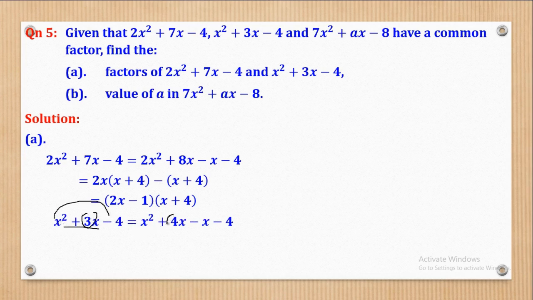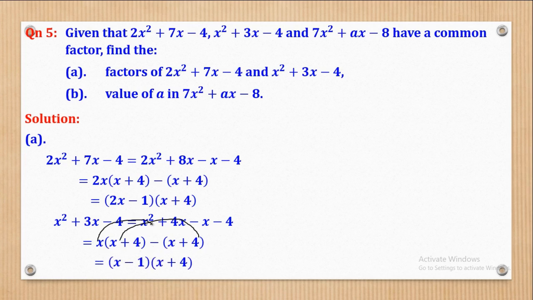That is positive 4 and negative 1. That is why where there is 3x, we have put there 4x minus x. Then grouping, this one alone factorizing gives you this, and this one alone factorizing gives you that. Now this and this are common, so pull it out and remain with x minus 1, which is here. So in that case, we have also factorized that, and we have done part A.